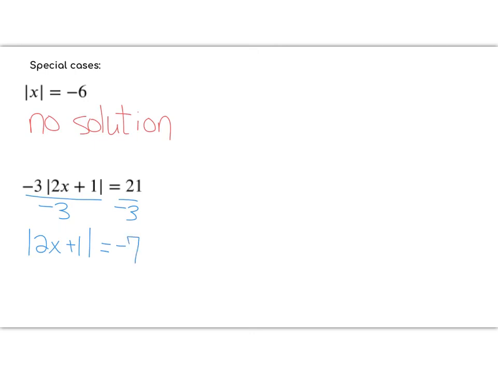Well, what has an absolute value of negative 7? Nothing. So since nothing has an absolute value of negative 7, how do we answer this problem? We say no solution.